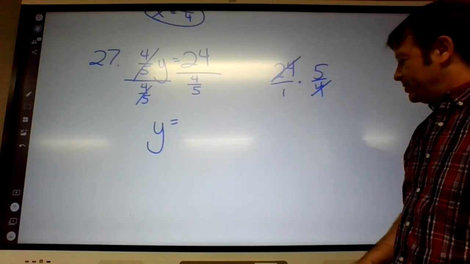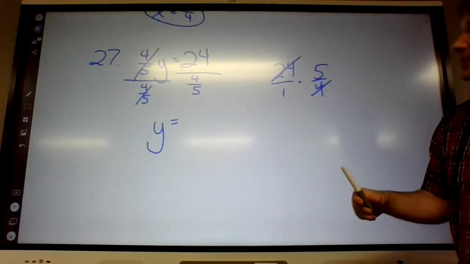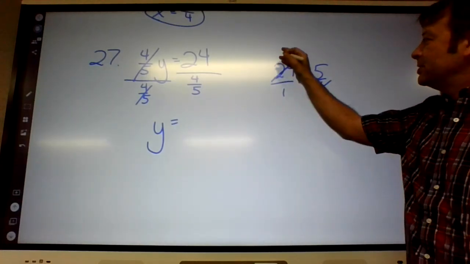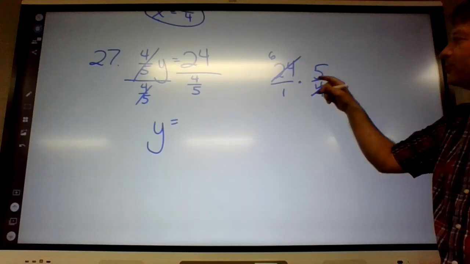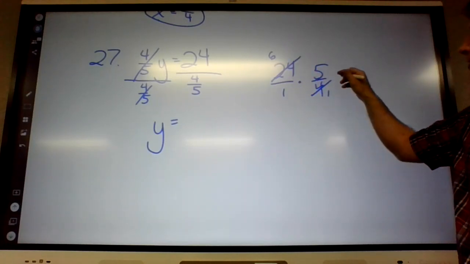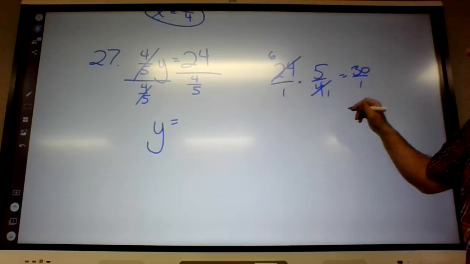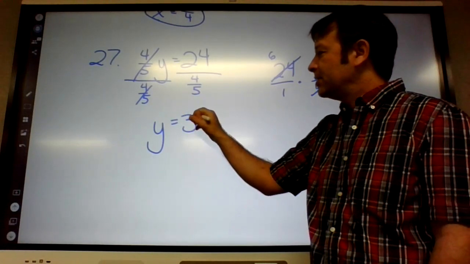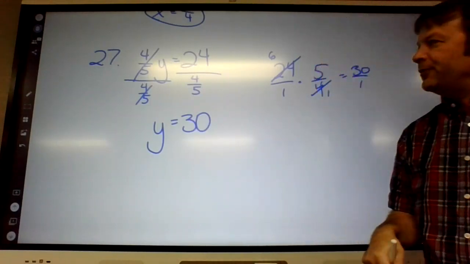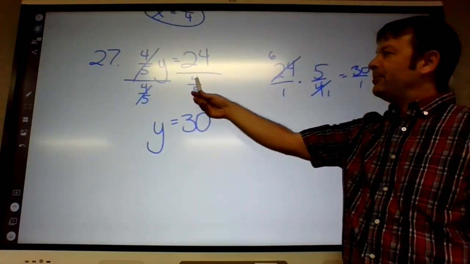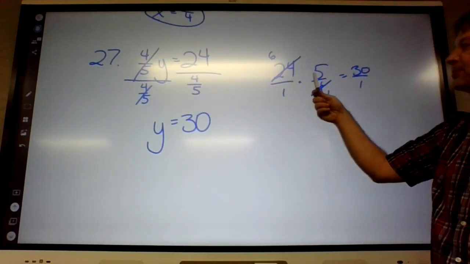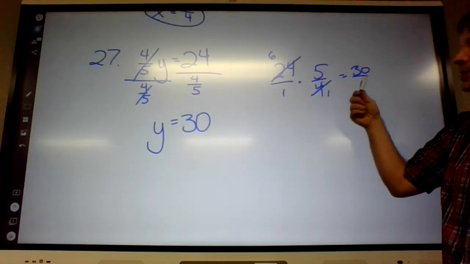But you will have to remember even later on in algebra that when you divide a fraction, it just flips it. So this reduces to 6 and 1, so 6 times 5, and 1 times 1, so it's just 30. If you plugged in your calculator 24 divided by 4/5 or 24 times 5/4, you should get the same answer both ways.